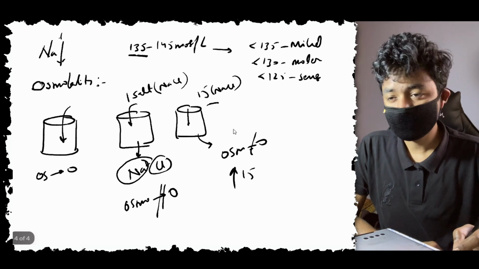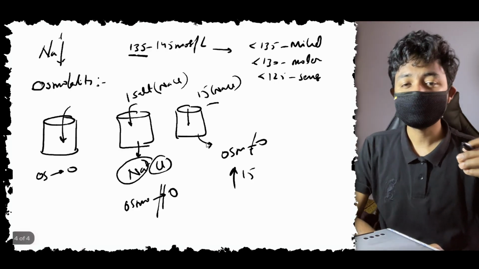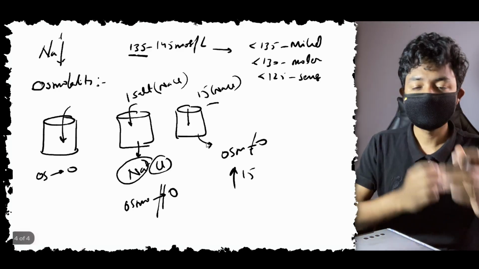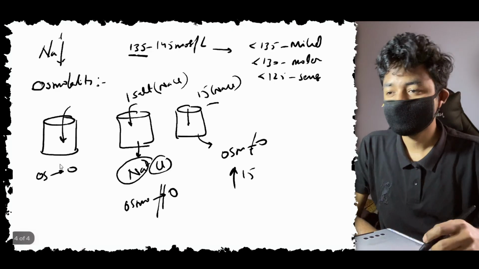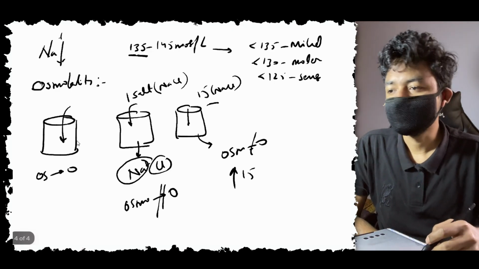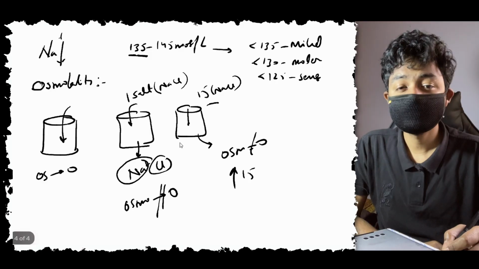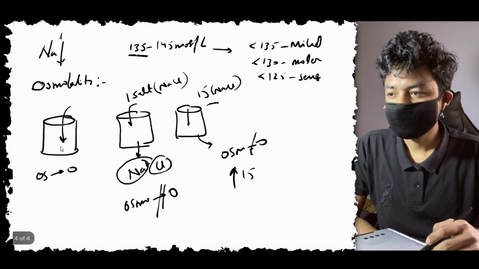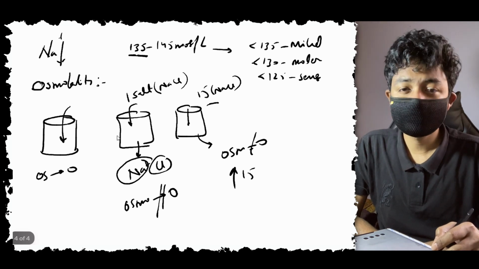Too many solutes, again not 0. But what are we trying to understand? We are trying to understand the nature of the water. The nature of the water is like a gold digger. Wherever there are more solutes, water will go there. That is the simple funda, right? So here there is no solute, here there is some solute. So what do you think, where will the water go?